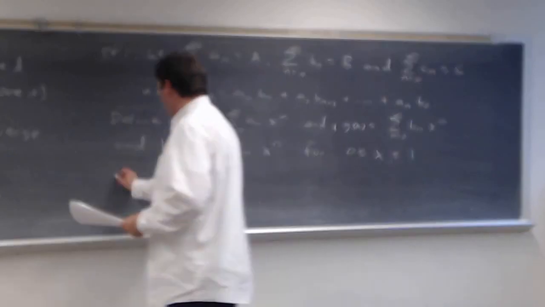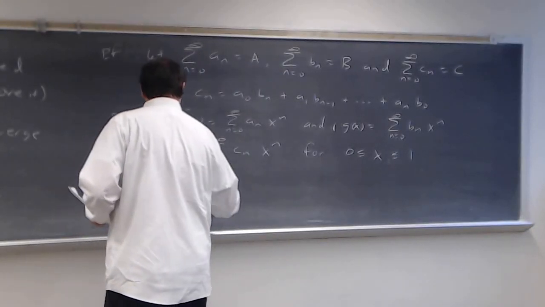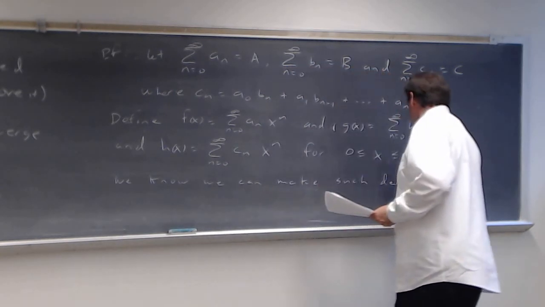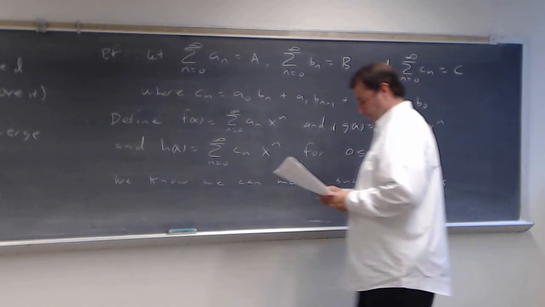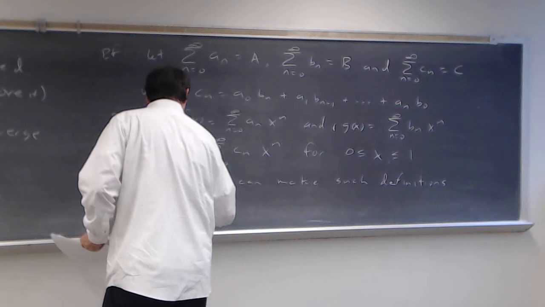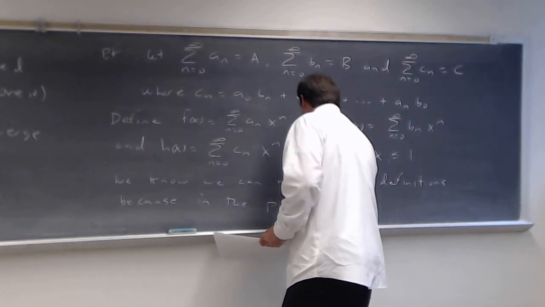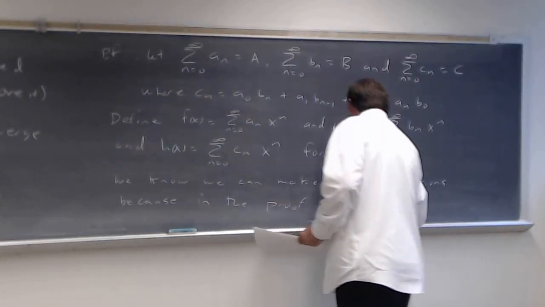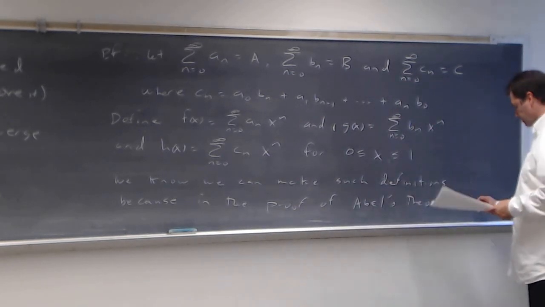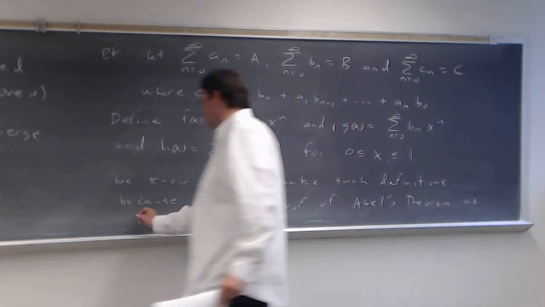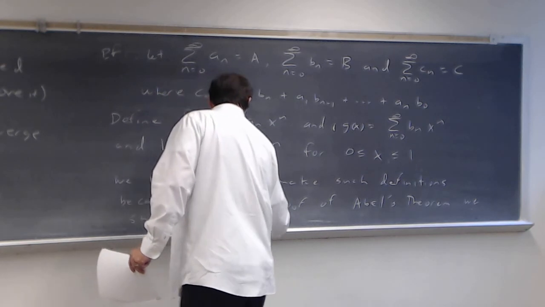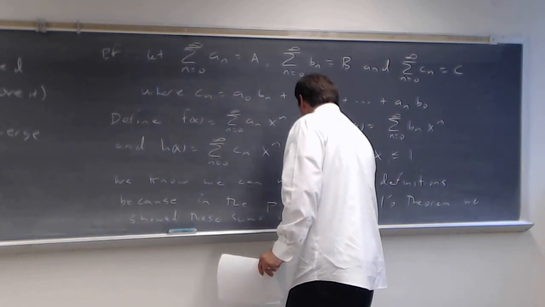This is a comment. We know we can make such definitions, okay, because in the proof of Abel's theorem, we show these sums were convergent.